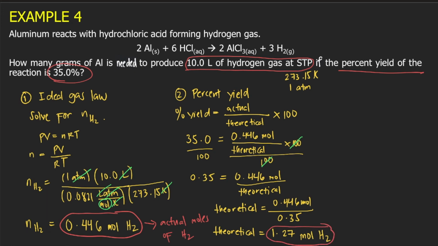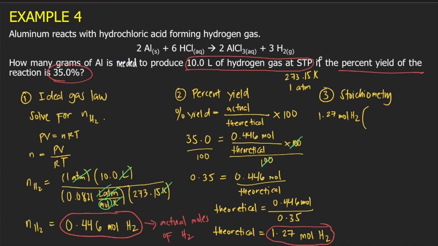Now that we have the theoretical yield for H2, we will move on to our final step in our calculation, which is stoichiometry. So our theoretical yield of H2 is 1.27 moles of H2.